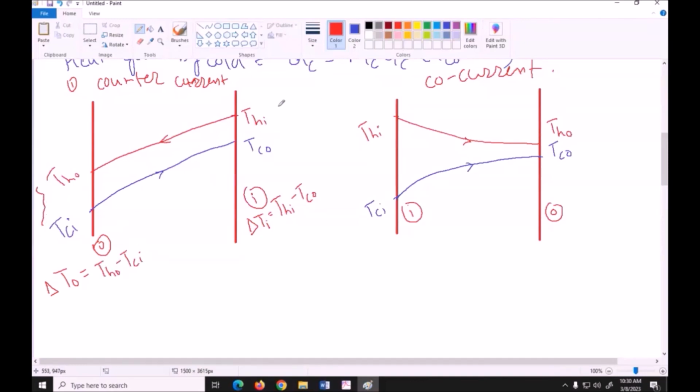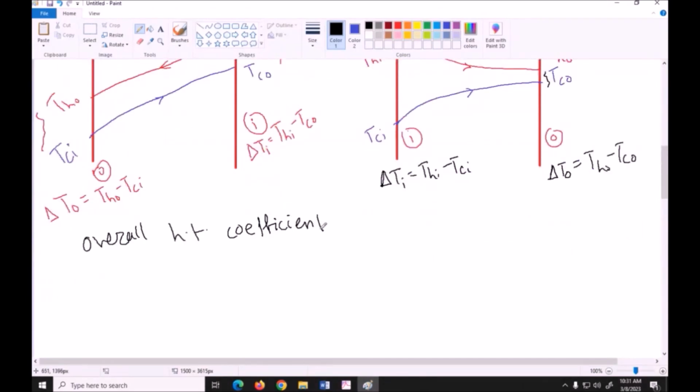So this is the temperature difference at inlet and outlet. Similarly for counter current flow, this is the inlet. I can write delta TI is equal to THI minus TCI. Similarly at outlet, delta TO is equal to THO minus TCI. Very simple. So these are the inlet and outlet temperature differences, same for counter flow and co-current flow.